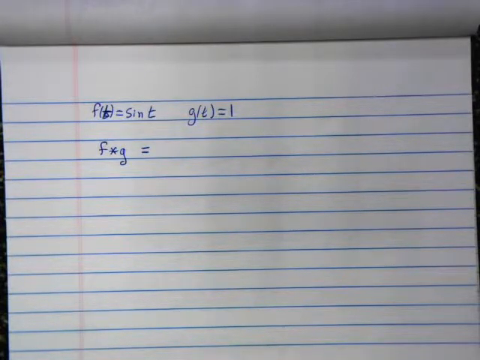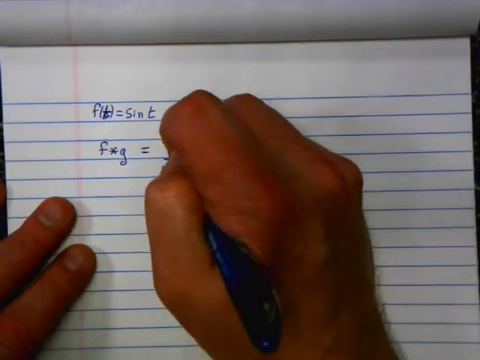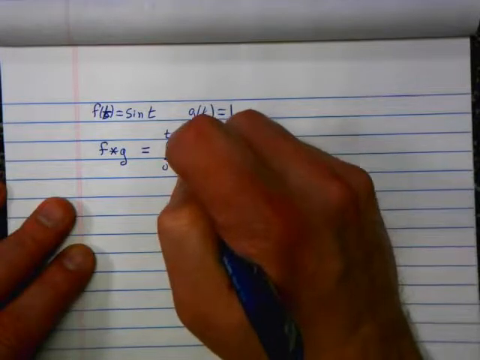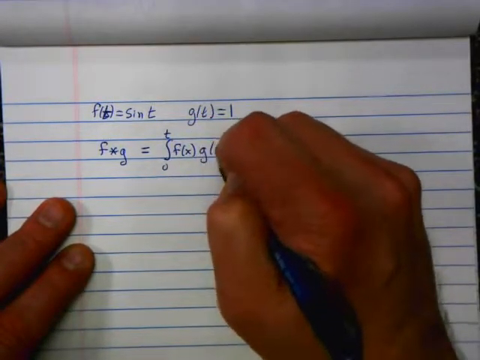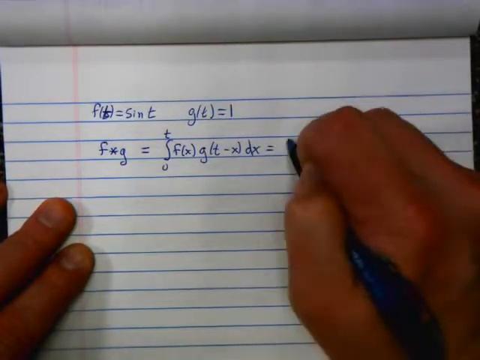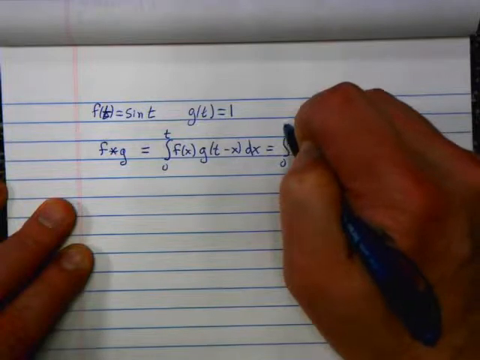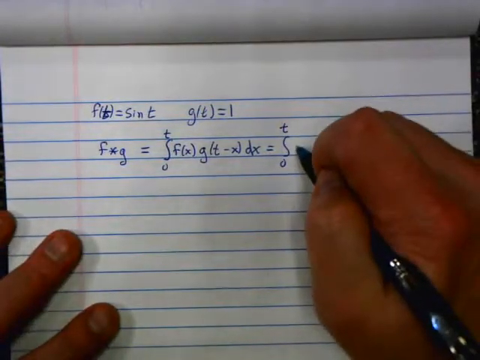All right, well, according to our definition, this would be the integral from 0 to t of f of x times g of t minus x dx. What's f of x? Sine of x.